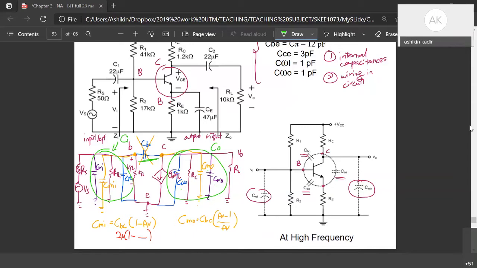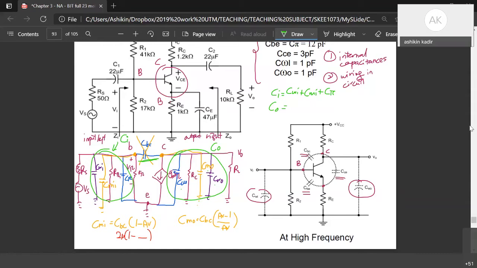So CI equals to CWI plus CMI plus C pi, and then C output will be equal to, because parallel capacitors are added or summed. If resistors are in parallel, you need to divide, but here when the capacitors are in parallel, you need to add.